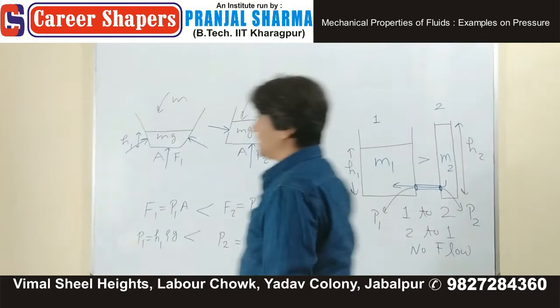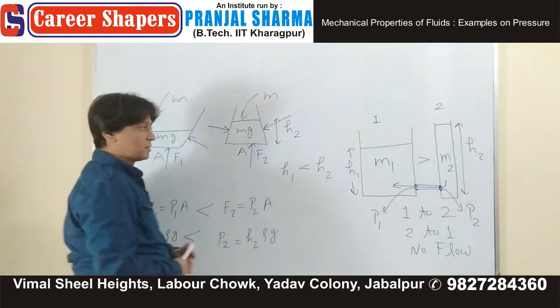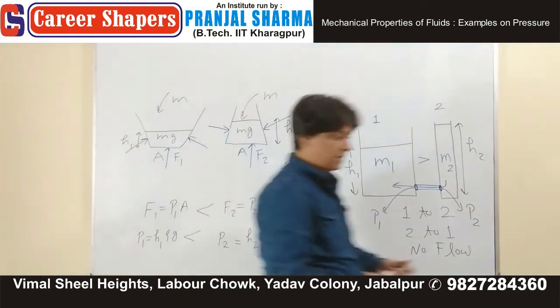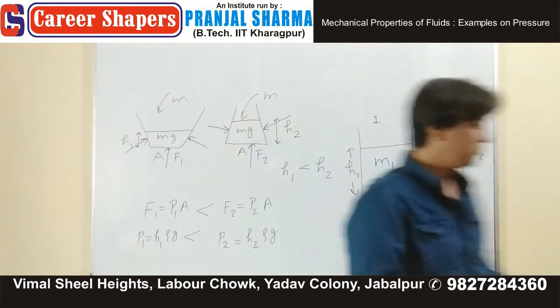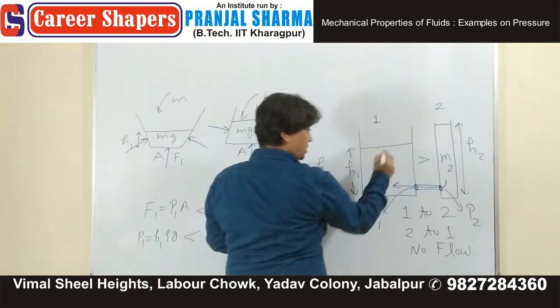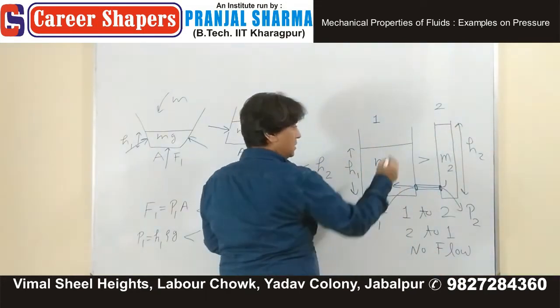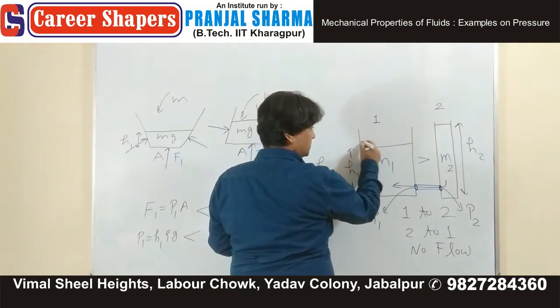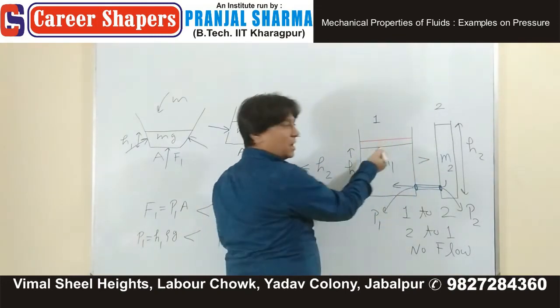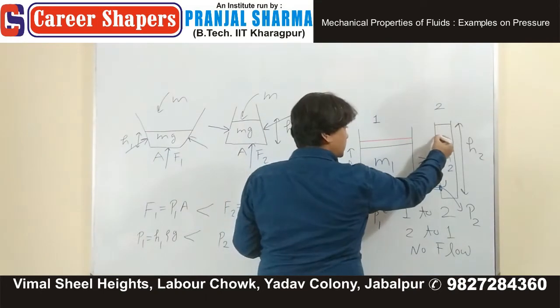Once equilibrium is present, I'll show that with the help of this red color. Once equilibrium is present, the situation will be like this. It has gone up and it has come down.